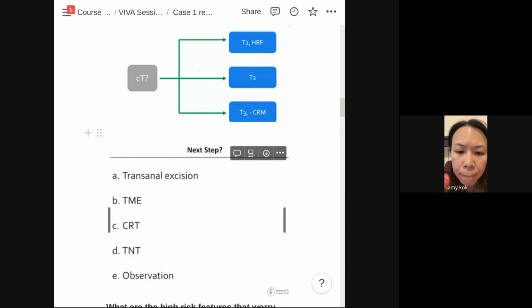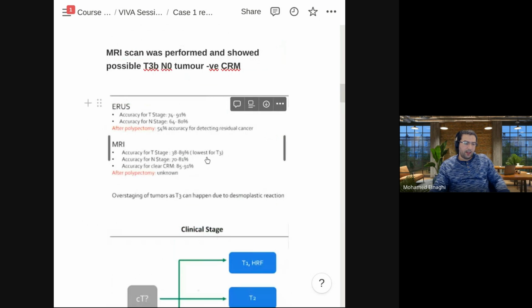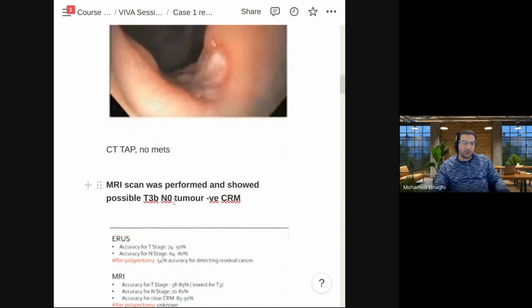Okay, let's go back to the MRI scan. Suppose that the MRI scan says it is a T3 tumor with N1 or N2. Will your decision be different?